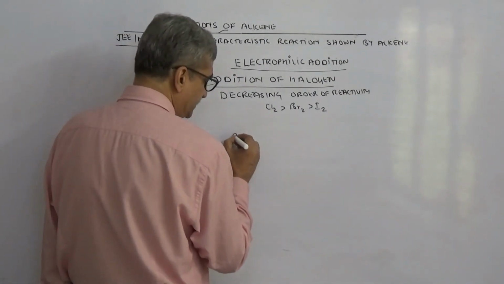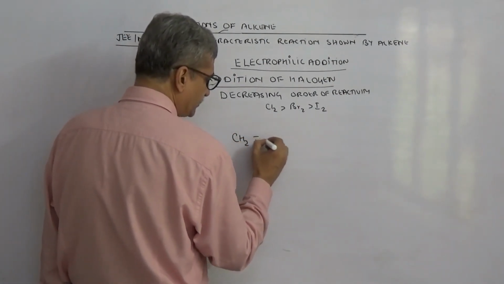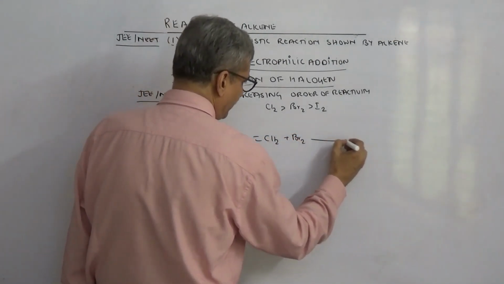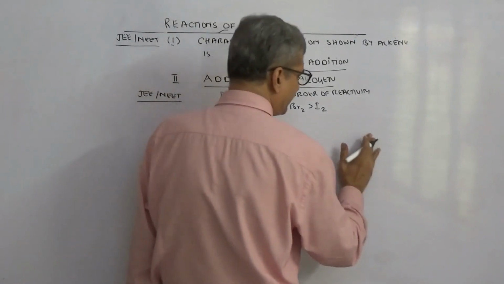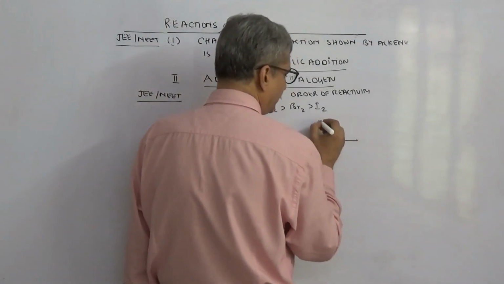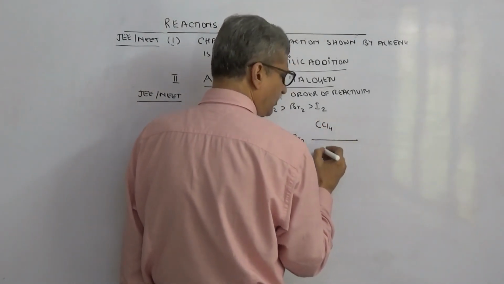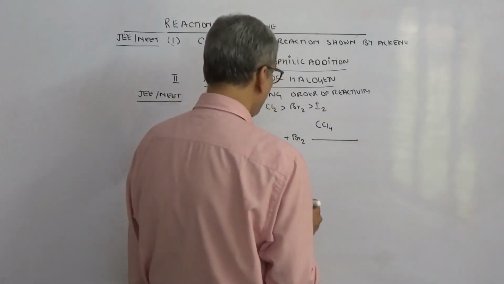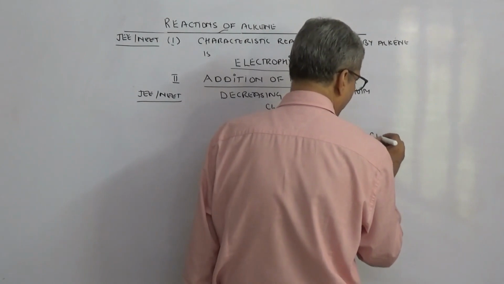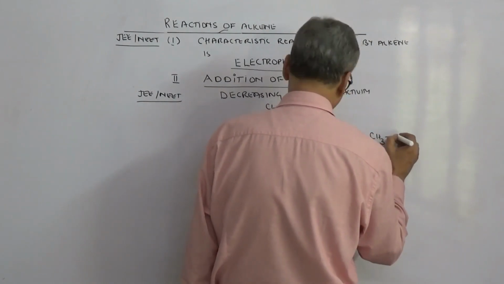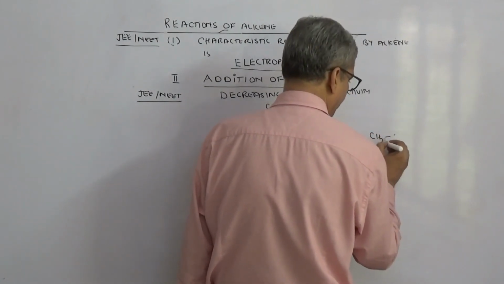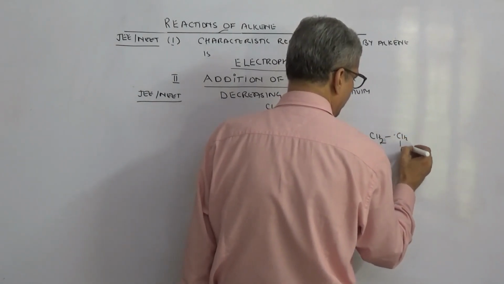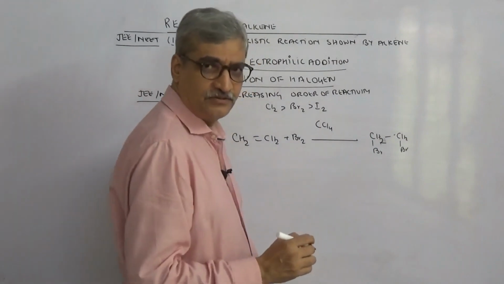So what happens is, if you have CH2 double bond CH2 plus bromine, this reaction happens in presence of carbon tetrachloride or acetic acid as solvent. So this would be a non-polar solvent here, and you will get CH2Br CH2Br. It's a vicinal dihalide.